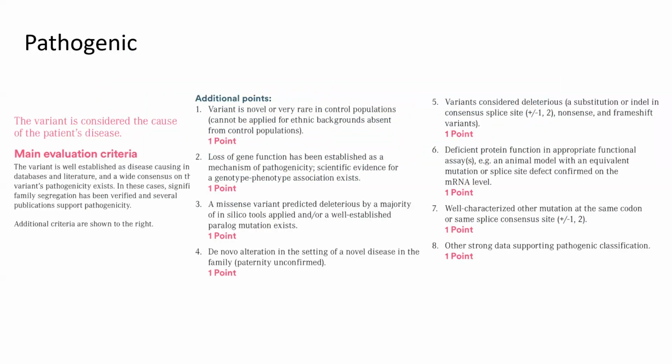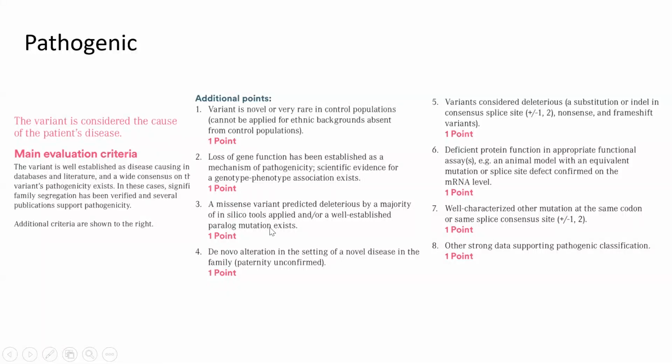So these are certain criteria. As I was walking you through the pathogenic classification, most of the information is here. The variant is novel. The previous variant we saw, the frameshift variant, is not reported in the literature, and the classification was purely based on functional evidence of loss of gene function. That was one important piece of information.